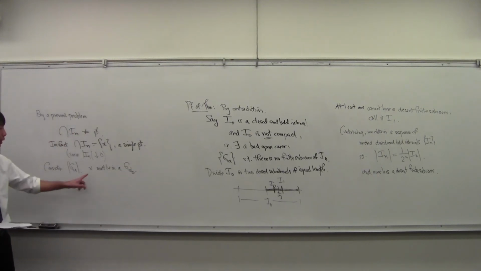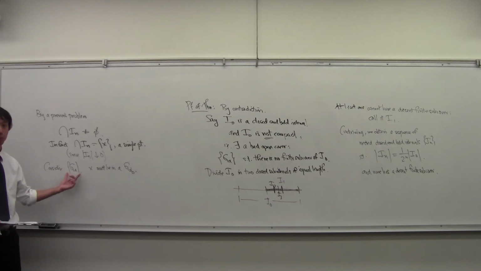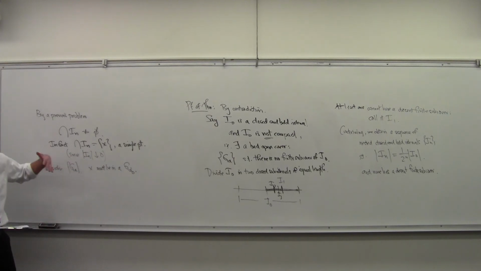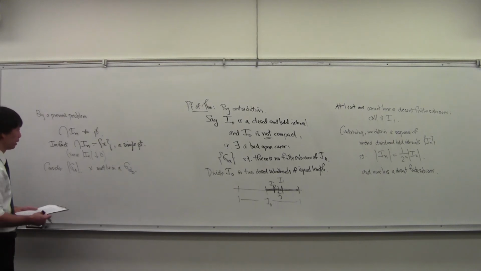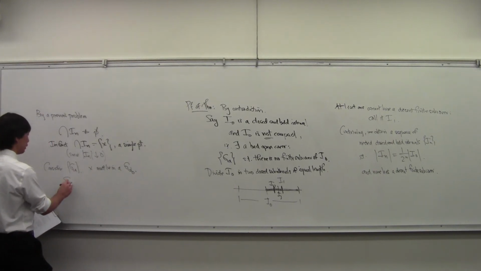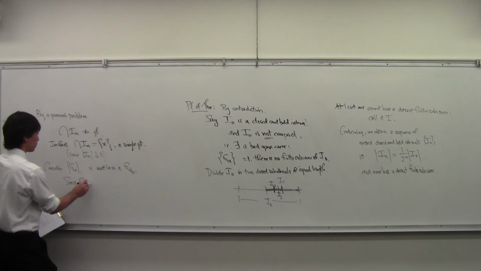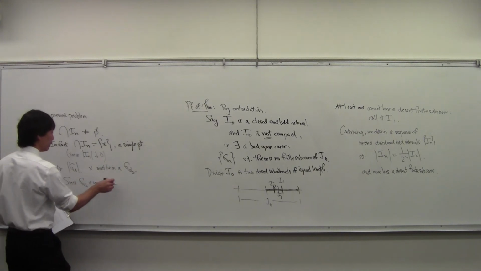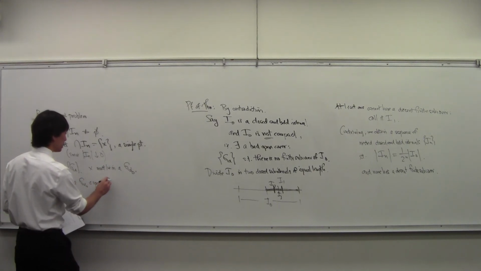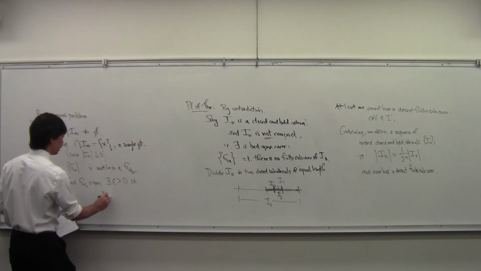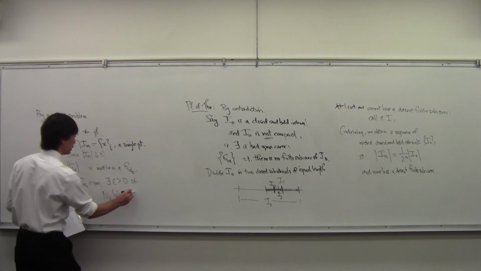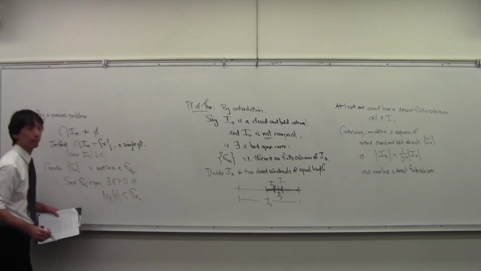That point must be covered by somebody, because this is an open cover of the whole interval. Since G alpha naught is open, we know that there exists an epsilon neighborhood of x that is in G alpha.